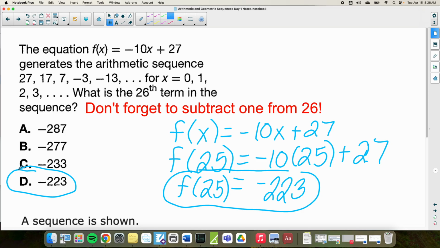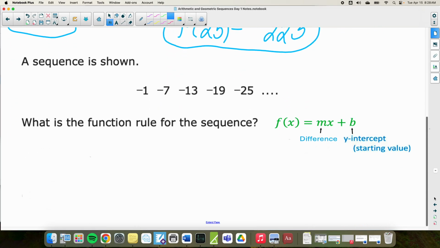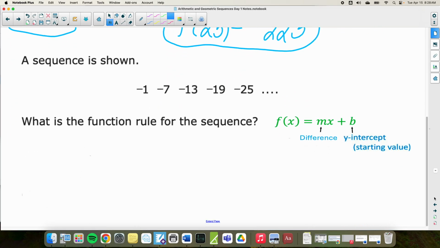Okay? Then, this one is one of those, again, that is open-ended, so you have to write stuff. So for this one, what does it look like our slope would be, or our m would be? Minus 6. They're subtracting 6 each time. And then remember, b is where it starts, which is -1.